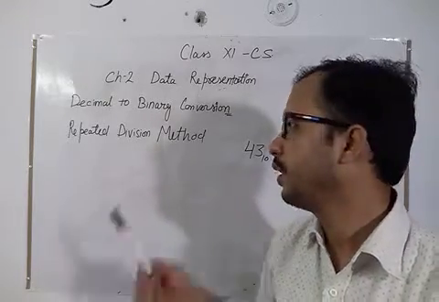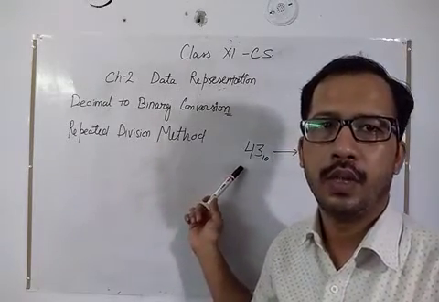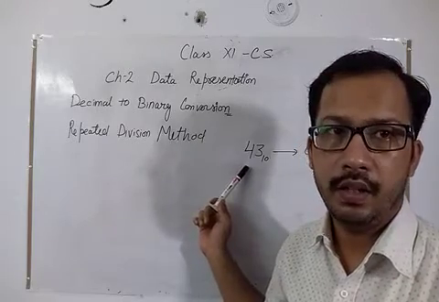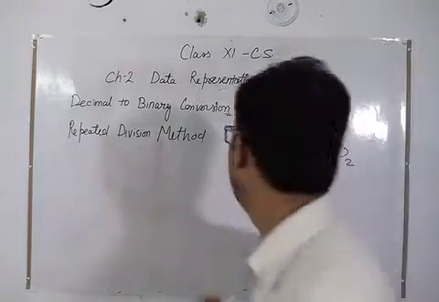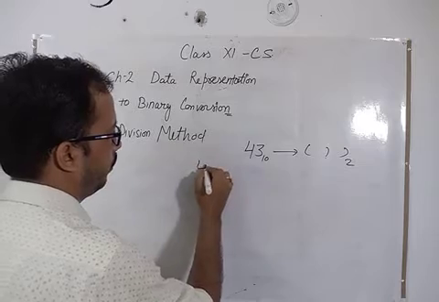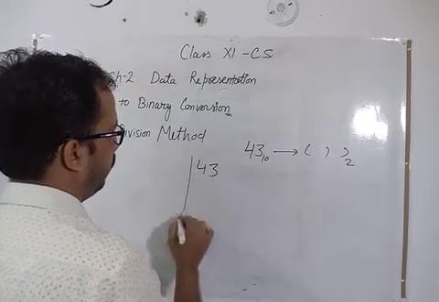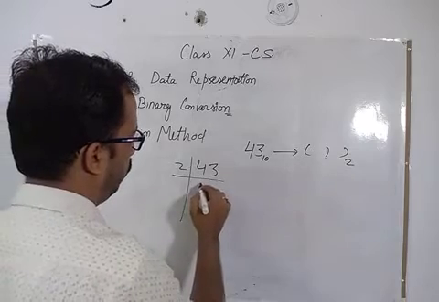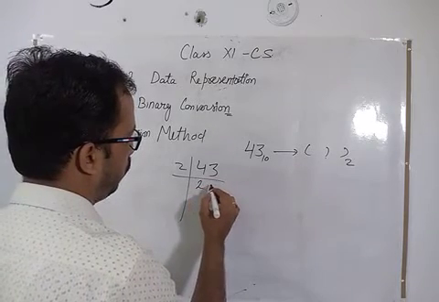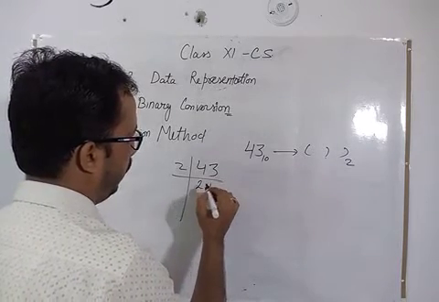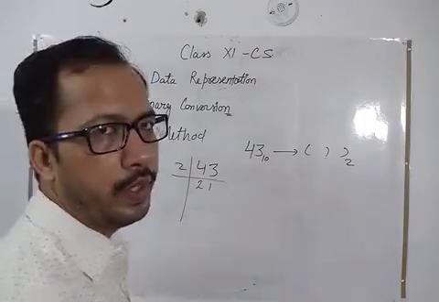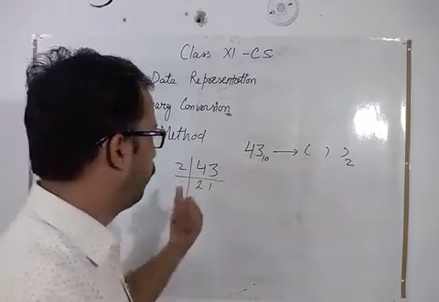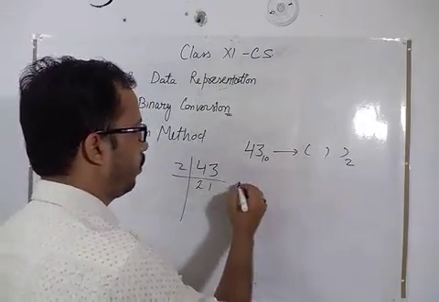Okay, so we are starting to convert 43 from base 10 to base 2. For that, 43 by 2. So 2, and 1. So 21 times 2 is 42. 43 minus 42 is 1.